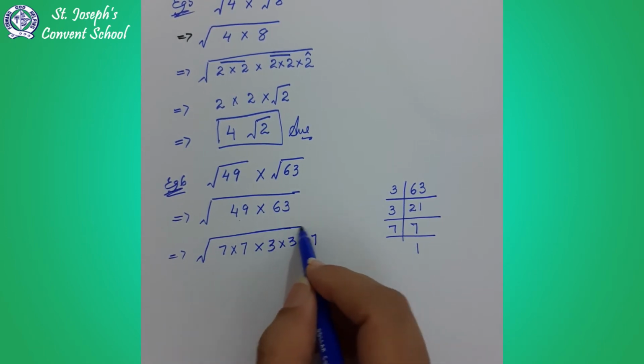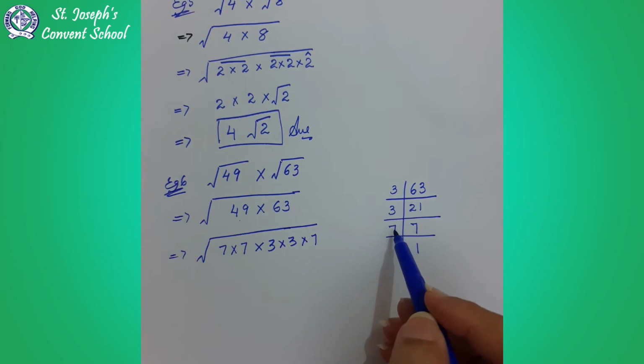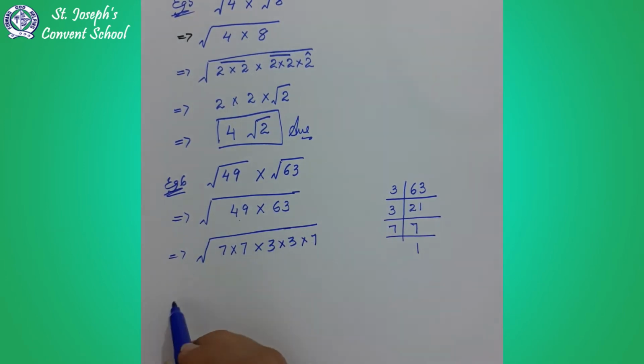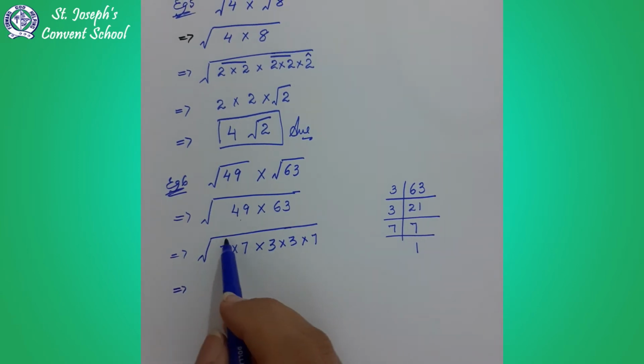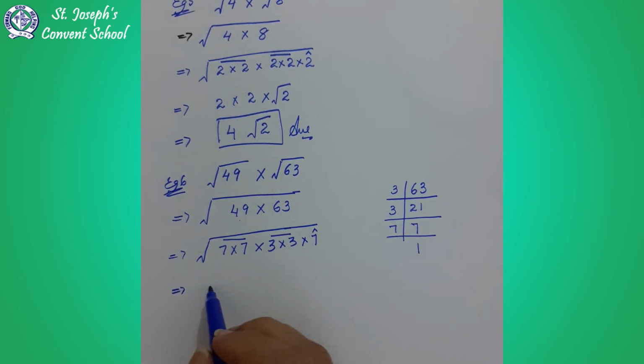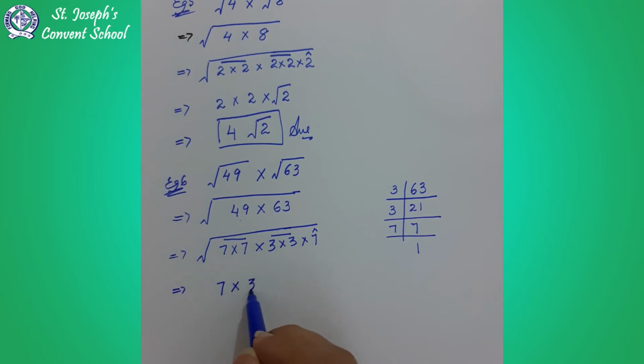All these are the factors of 63, so replace 63 by these factors. Now you can make pairs. This is a pair, this is a pair, and a single term. The pair you will write once without root, 3 once without root. The single term with root.